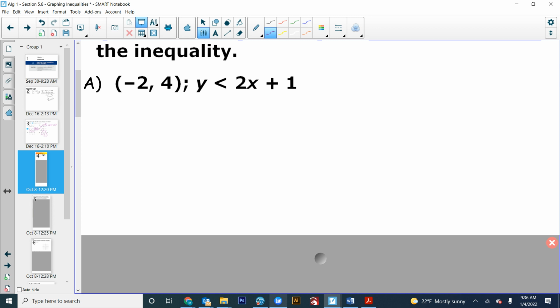You want to put the -2 for the X. Guys, don't we plug in and see if it's true? Right? What's my Y? 2 times X. What's my X? Okay, finish it. See if it's true or false. See if this is a solution or no solution.